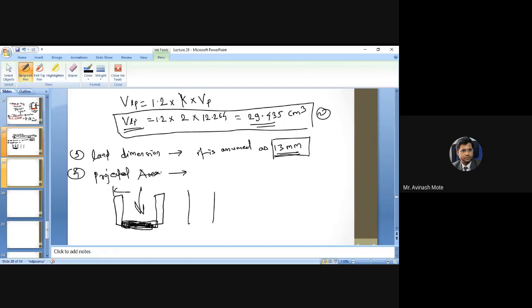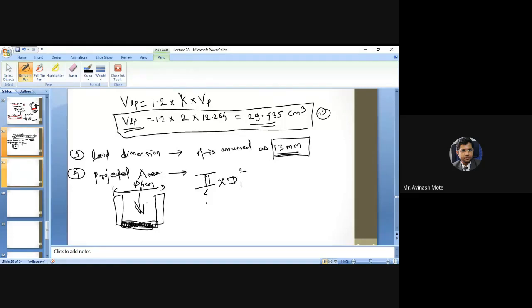And what is the complete diameter? This is a 4 centimeter diameter. So that effective part we have to consider. Simply projected area will be pi by 4 d1 square. Are you getting my point?